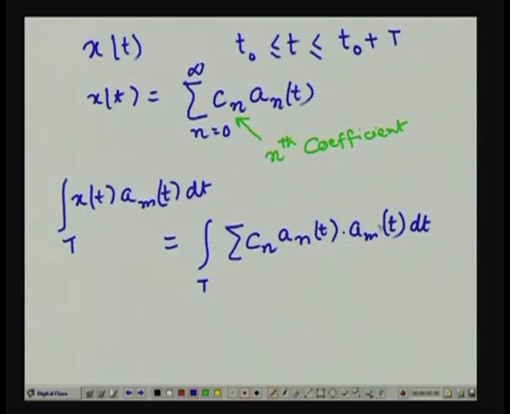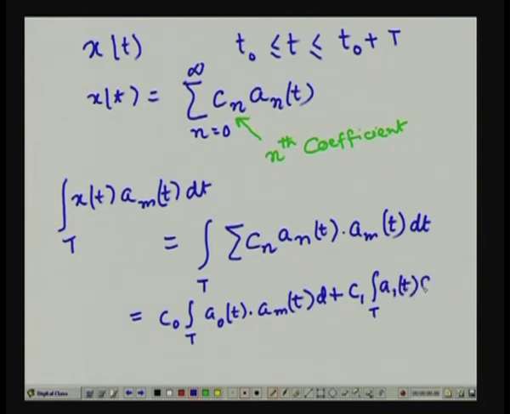Now, if I expand this, it will be of the form C_0 times the integral over capital T of a_0(t) into a_m(t) dt, plus C_1 times the integral over the same interval capital T of a_1(t) into a_m(t) dt, plus it will continue like this.